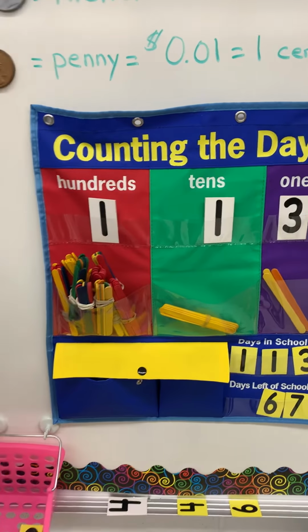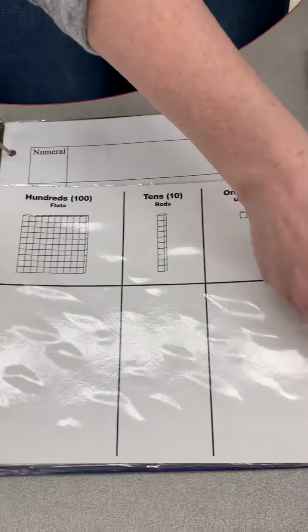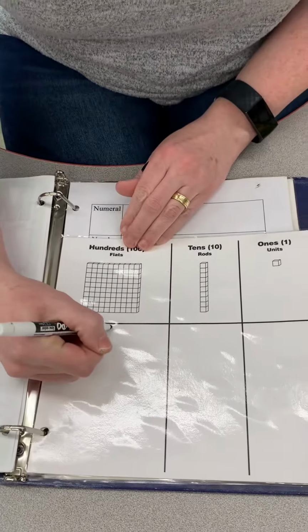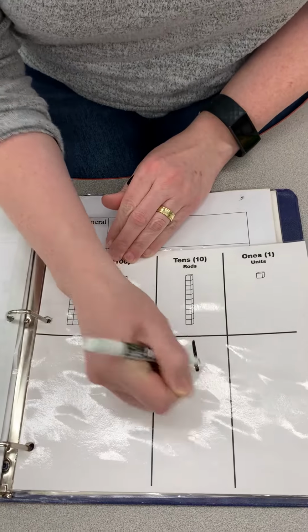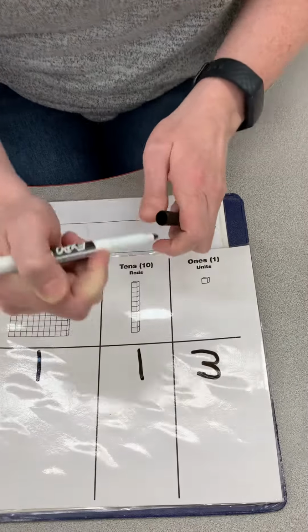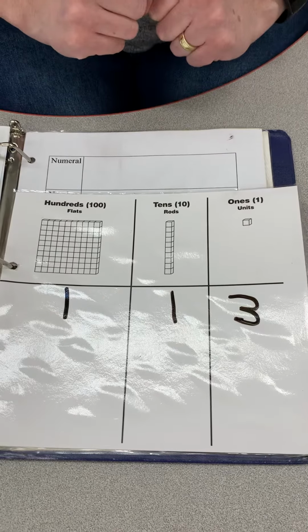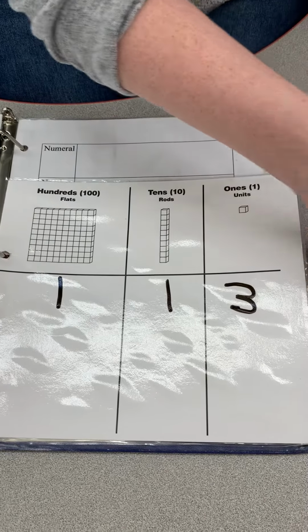So come on back over here to the binder. Let's pretend that the day you're working on with your child is day number 113. This part I usually do for them, so I recommend you do this. That's gonna be 100, 10, and 3 ones. Then you're gonna tell your children to show me 113, and they should take out the appropriate blocks.